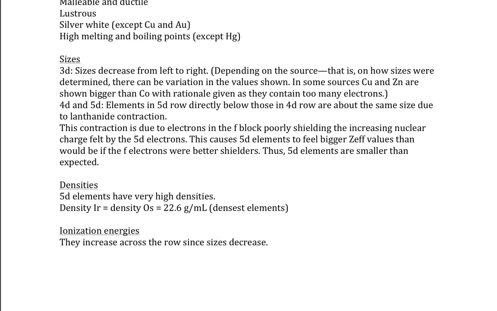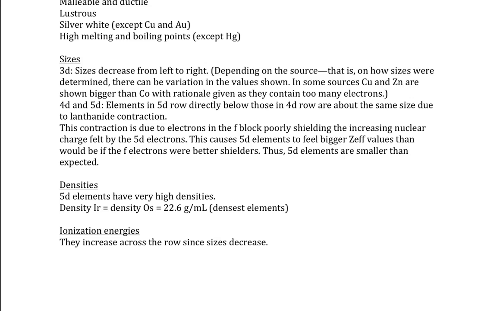Well, looking at the electron configuration of osmium, we have xenon 6s2, and then we have to go down into the f block at 4f14, and then we're back in the d block, and we have 5d6. That would be osmium's electron configuration.